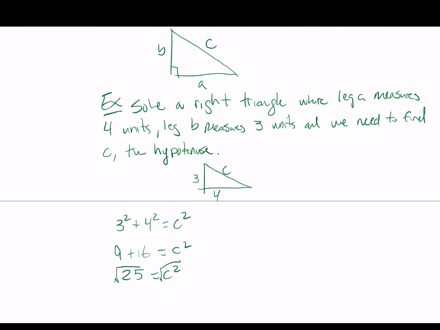But in this case, because we're dealing with a value in geometry and real space, it doesn't make sense to consider a measure that's negative. So C is equal to 5. So our triangle is one of the famous triangles whose lengths are 3, 4, and 5.